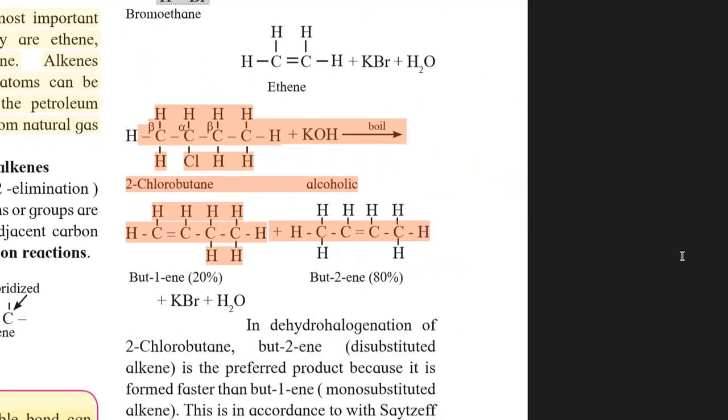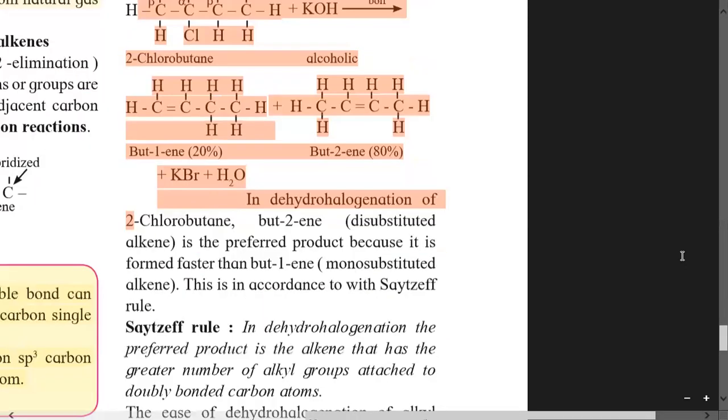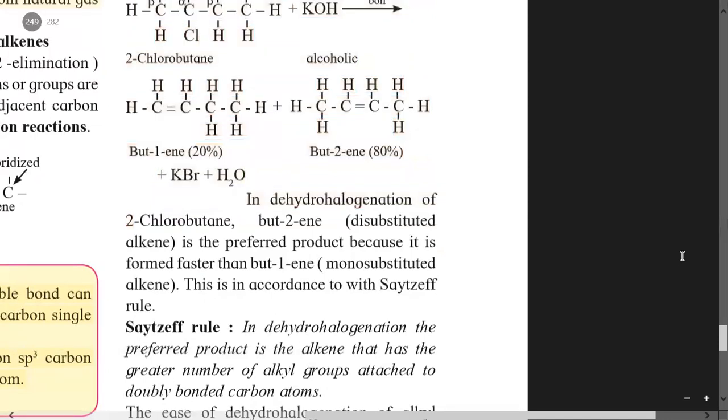It is the major alkene formed in this reaction. Of course, side products in this reaction are potassium bromide and water. So in the dehydrohalogenation of 2-chlorobutane, the product obtained is butene.